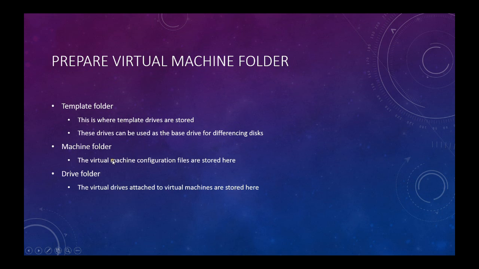In the machine folder we store the machine configuration files and nothing else. And the drive folder is where the individual virtual drives for each of the virtual machines are stored as well. So if we used a differencing disk, the differencing files are stored in this drive folder, whereas the template, the base drive, remains in the template folder. So let's have a look at how that folder is set up on my machine.